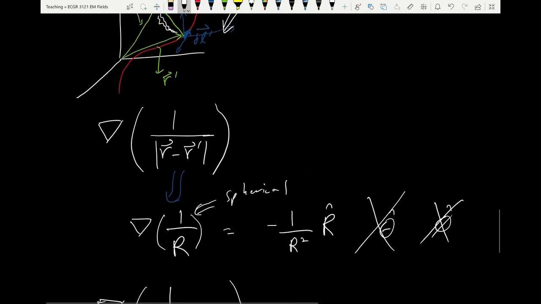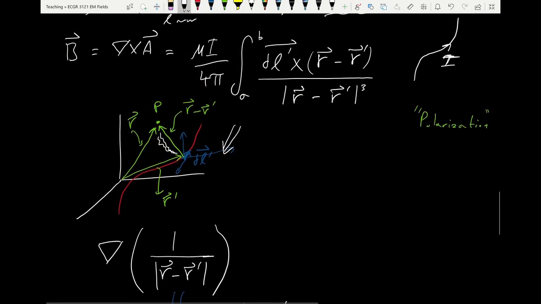What's r hat? R hat is written in terms of this blue coordinate system, and it's always pointing in this direction. This is r hat of the blue coordinate system. It's always pointing in the same direction as r minus r prime.